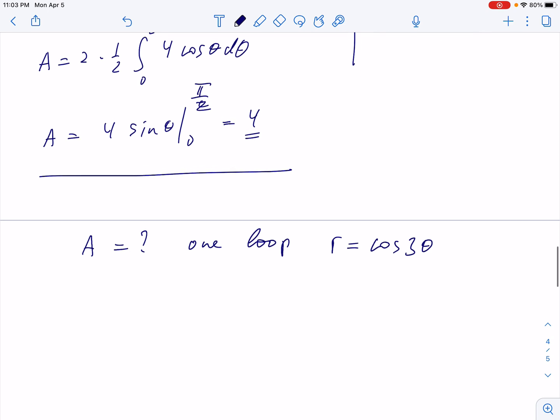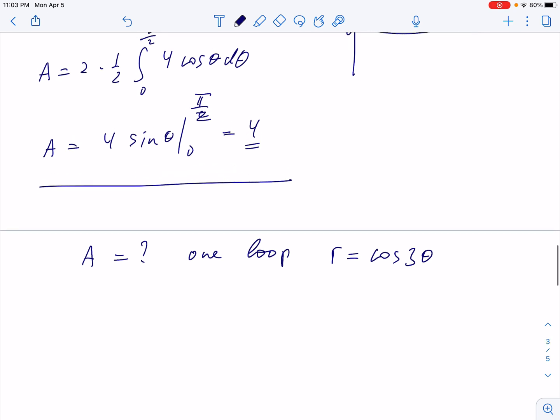So how to graph this curve? If we start with our table, what we get? Starting theta 0, radius 1.